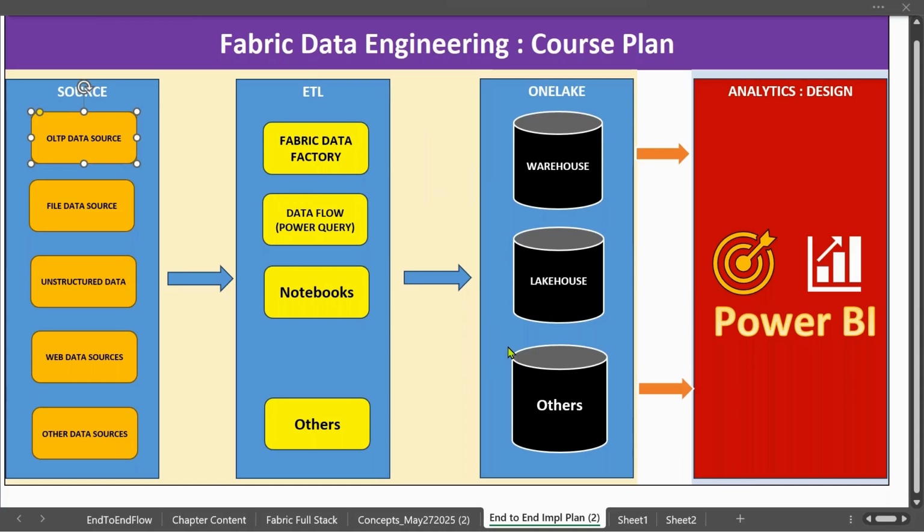You can get data from IoT, Internet of Things. Anywhere we can get the data using the Fabric ETL models. Okay, once we get this content, what next? We load it to warehouse, right? We load the data into warehouse.